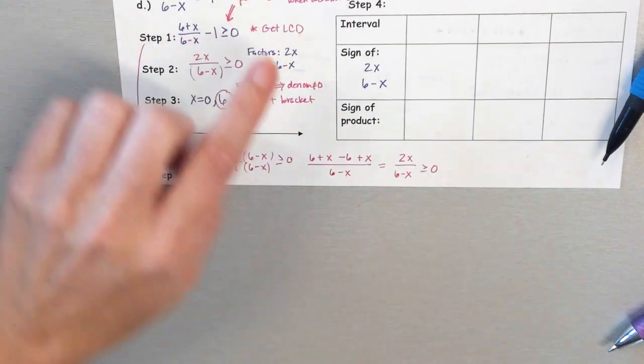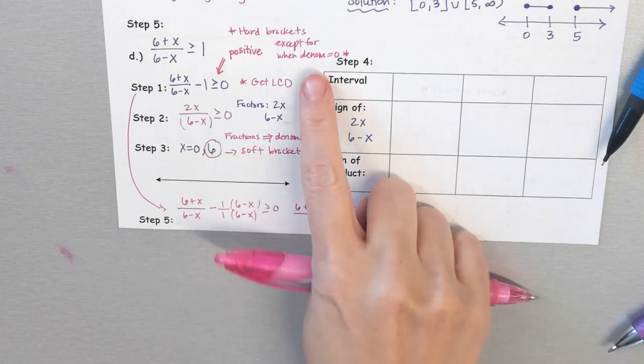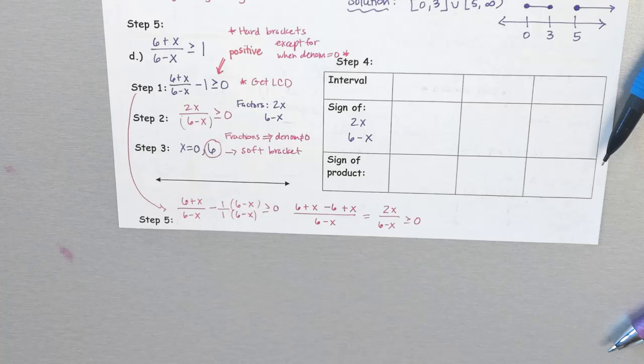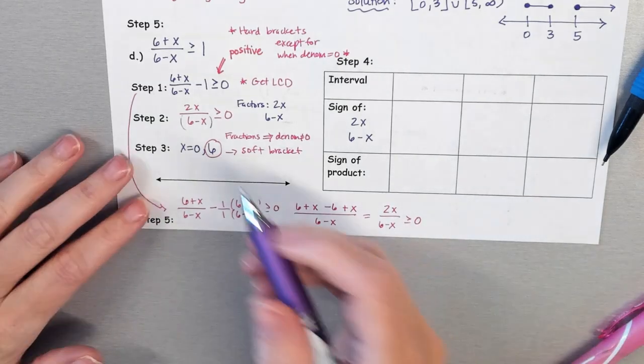If you want to write yourself a little note about why we're doing that, we're going to have hard brackets because of the equal to for the factors, except for what makes the denominator equal to 0, because we can't have that. So that's why we have to not include it, and that soft bracket is how we do not include it.